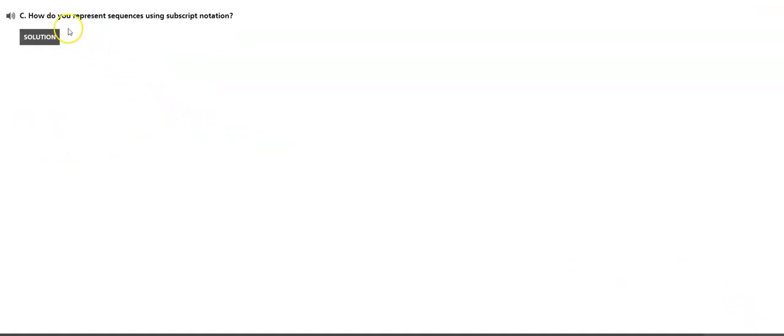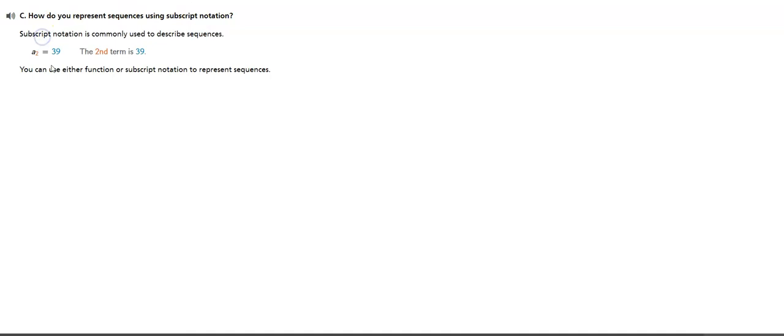We're going to learn a little bit about how you can represent these sequences, and we're going to use something called subscript notation. Subscript notation is commonly used to describe sequences. If you don't know what a subscript is, it's basically a little letter or number that is below your original number.